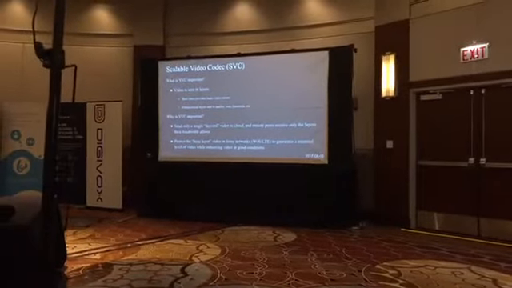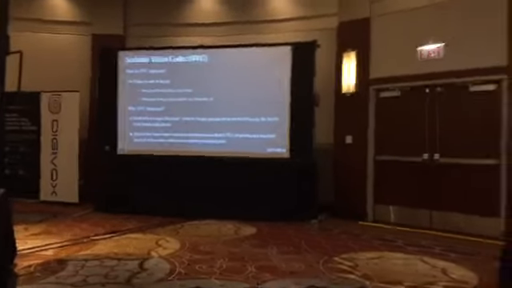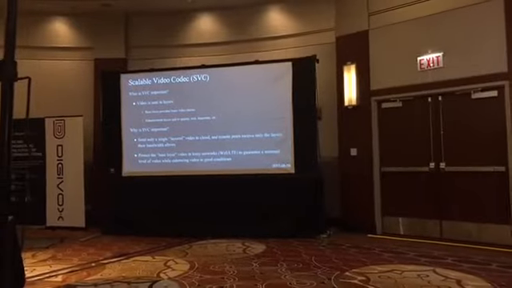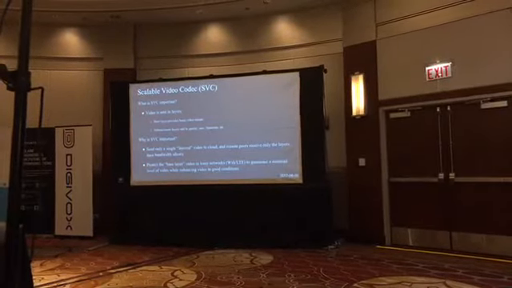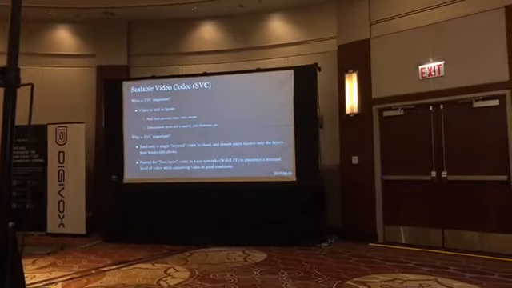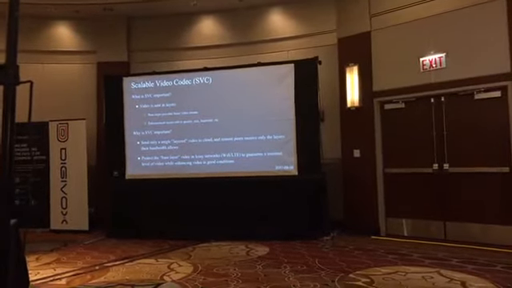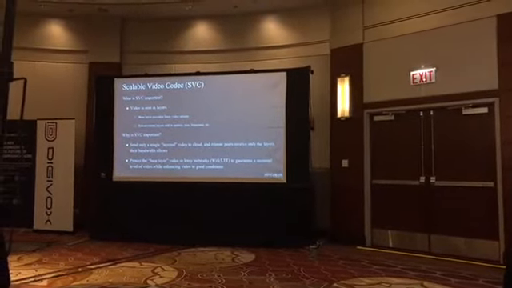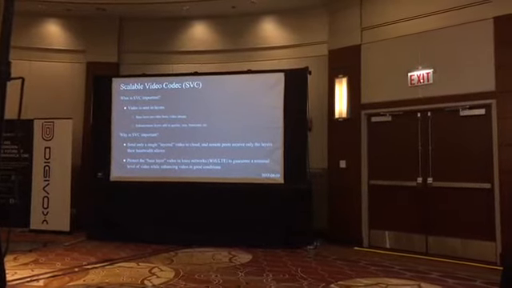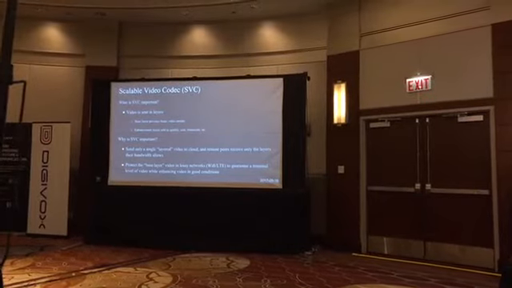And the final part of this that I wanted to cover, oh, there's a time right there. Scalable video codec. I just want to cover a little bit about what it is. So before I do that, I wanted to talk about what are the differences between SVC and simulcast. So SVC basically sends media in layers.